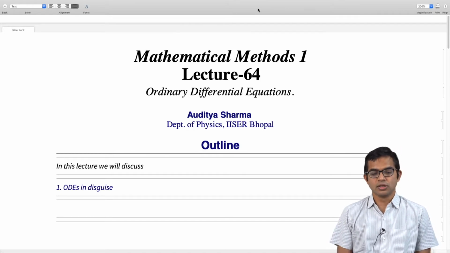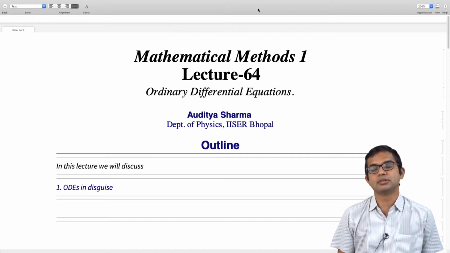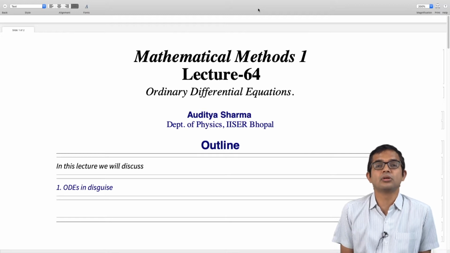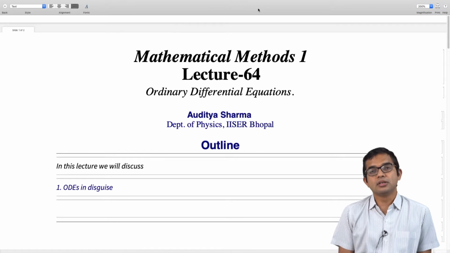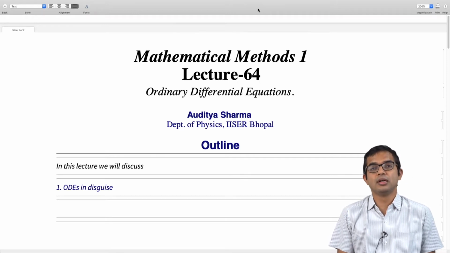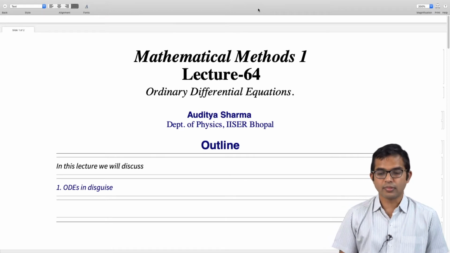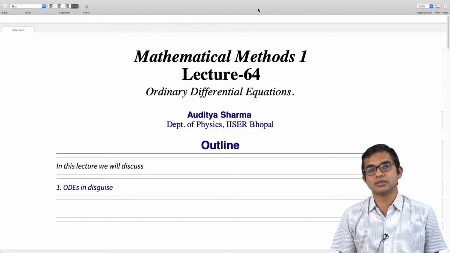So in this lecture, we will look at how sometimes differential equations appear in disguise. Apparently they look to be intractable or very complicated, but some thought reveals that they are in fact of a familiar type, right? Here also we will use this lecture as a sort of a bridge between first order equations and second order equations.